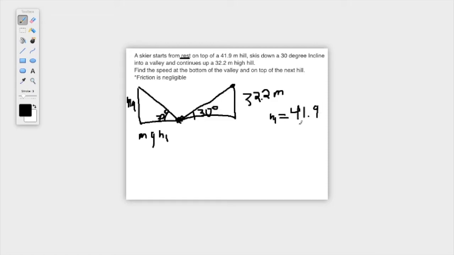And h2 we'll say is 32.2. So basically, when the skier goes all the way down to the bottom, with respect to the ground, the height is 0, so it would have no gravitational potential energy, and it would be all transferred to kinetic energy.